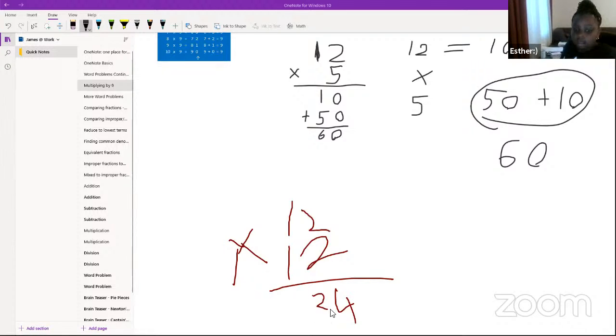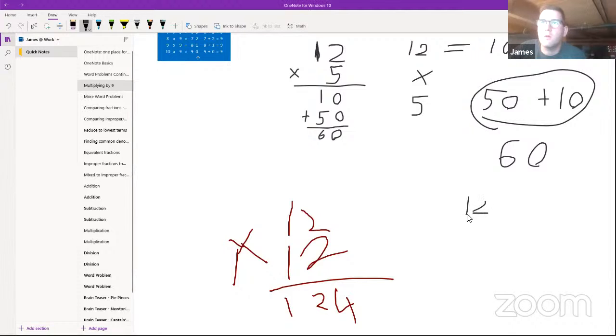Right. Now we need to multiply this 1. But 1 times 1 is 1. Well, we have to do the 1 times 2 also. 1 times 2 is 2. The answer is going to be 124. Not quite.